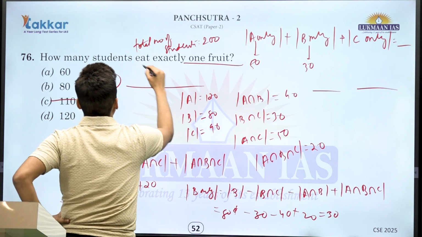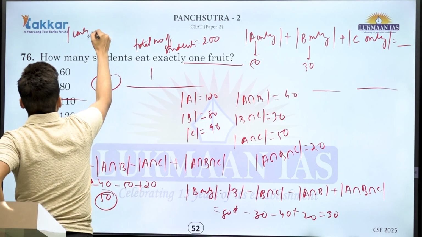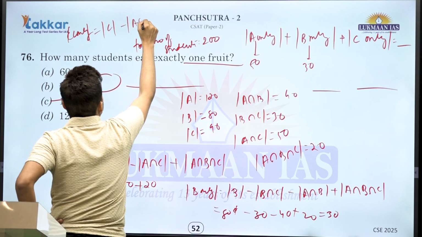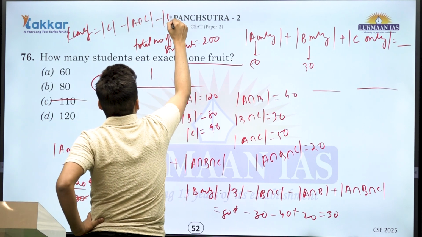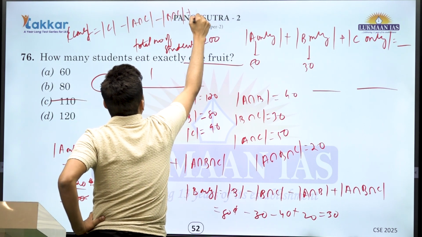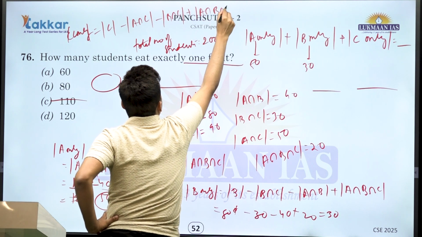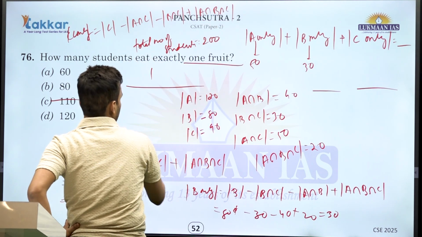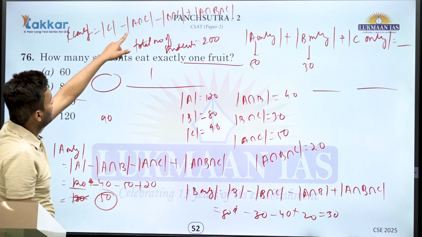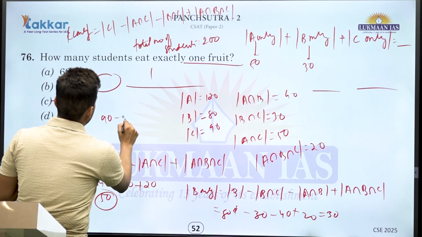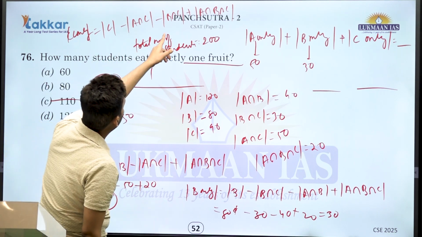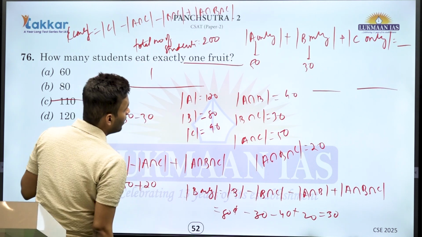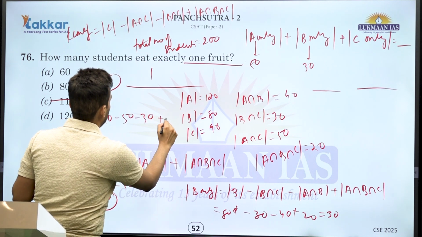And for C only, we take C minus A intersection C minus B intersection C plus A intersection B intersection C. C is 90, minus A intersection C which is 50, minus B intersection C which is 30, plus 20.